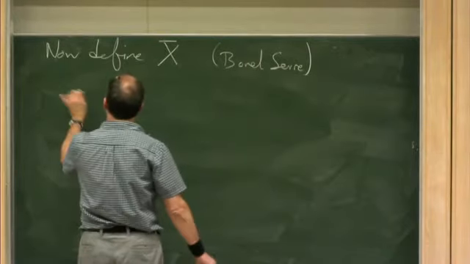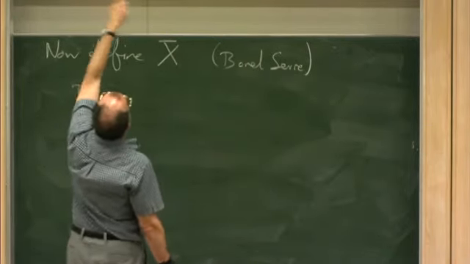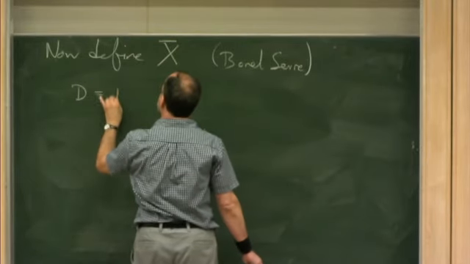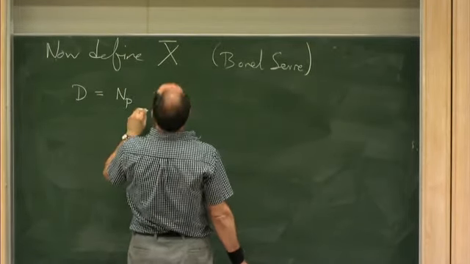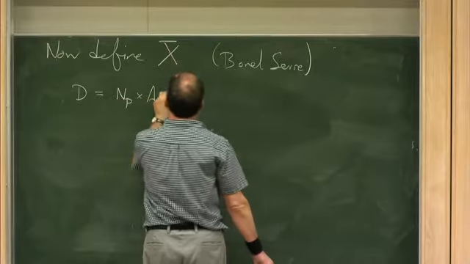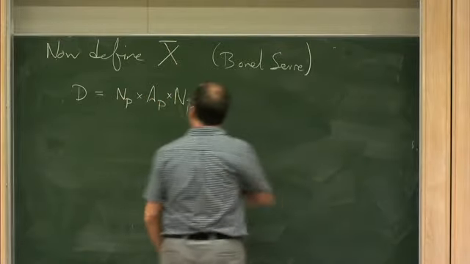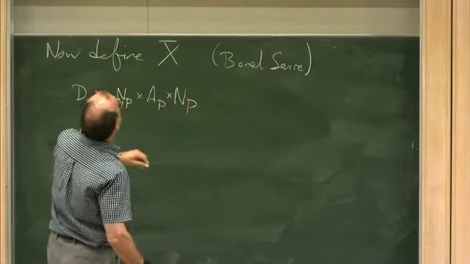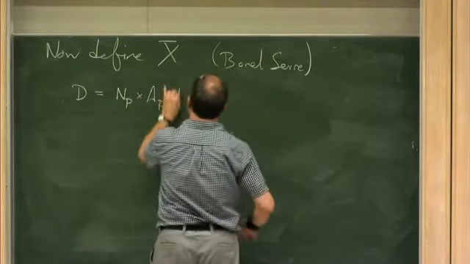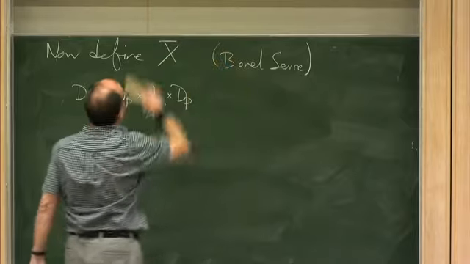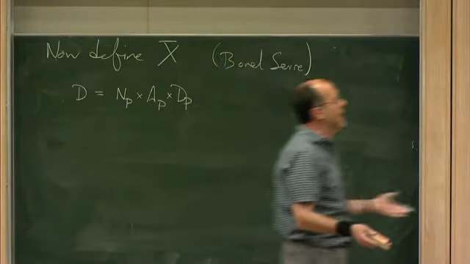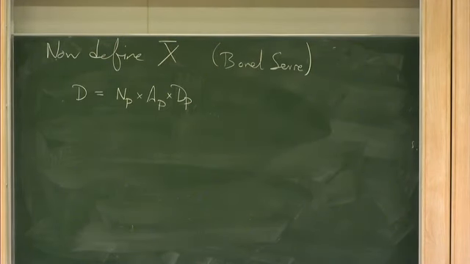So basically, we have, as we saw right up there, D is NP cross AP cross DP. I wrote it there for the maximal parabolic, but I have the exact same formula for any of the parabolics.